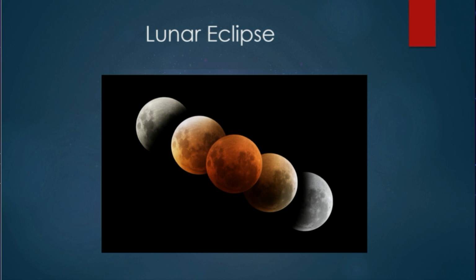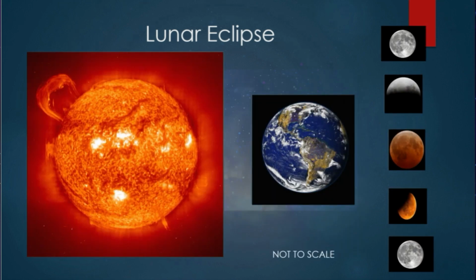And this one occurs only at a full moon. Now in this instance, you will see that the sun is now here. Then you have the earth. We are again on this earth. We are looking. So we start with a full moon.